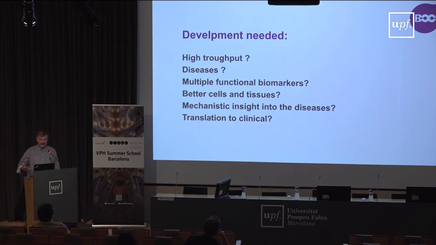So how do we get really high throughput, how can we get more diseases and multiple functional biomarkers, maybe not just electrophysiology? We would like to have really tissues, not just cells, and insight on the disease. And the translation, these are all still kind of missing, more or less.